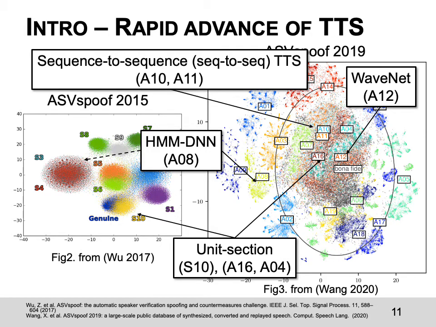The unit selection is still close to natural speech. Meanwhile, we can see other types of TTS methods, including the sequence-to-sequence TTS and the WaveNet. So they are really close to natural speech. Of course, this figure is based on acoustic features, either the X vector or the I vectors. But the question is, how do the synthesized speech sounds really like in human perception?